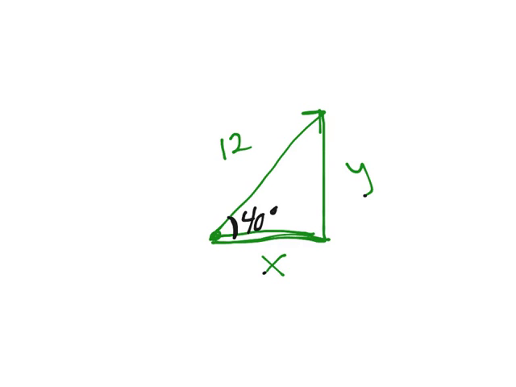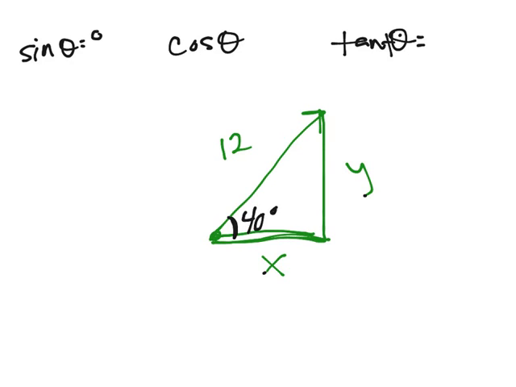Well, let's think. We have sine of theta, cosine of theta, tangent of theta. Each one is equal to, so this is opposite over hypotenuse, this is adjacent over hypotenuse, and this is opposite over adjacent.